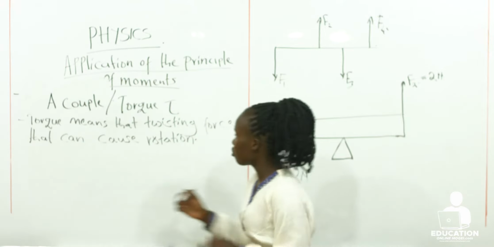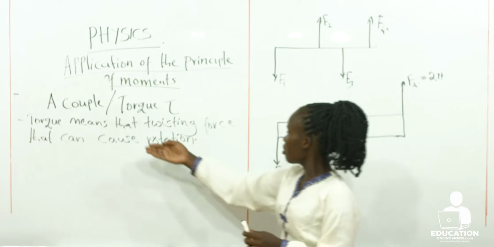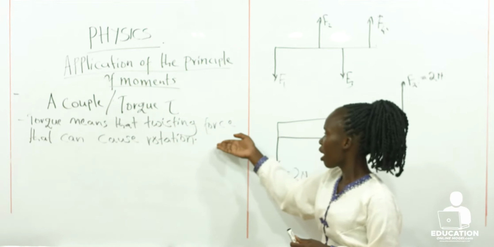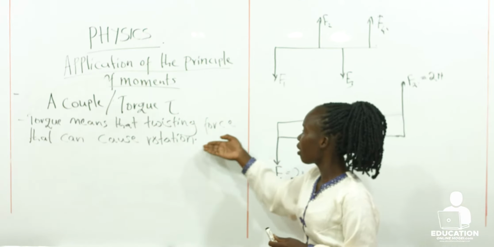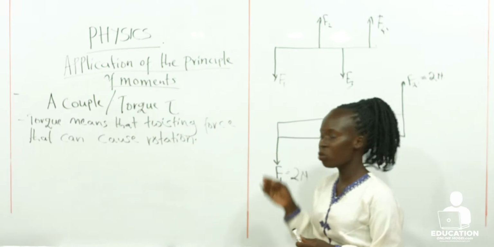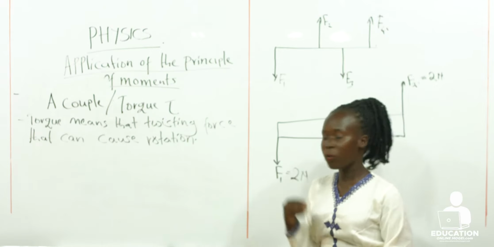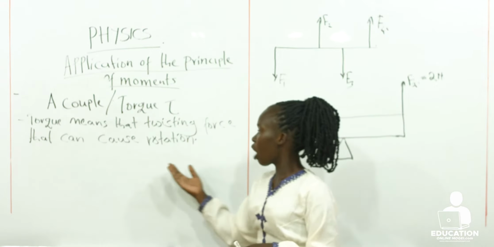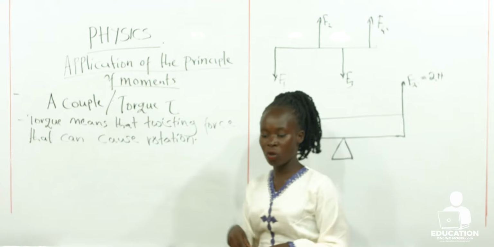So for you to have torque, you need a force, and this force should be a twisting force. It should cause the object to rotate. Which object am I talking about? The object you are applying the force on.